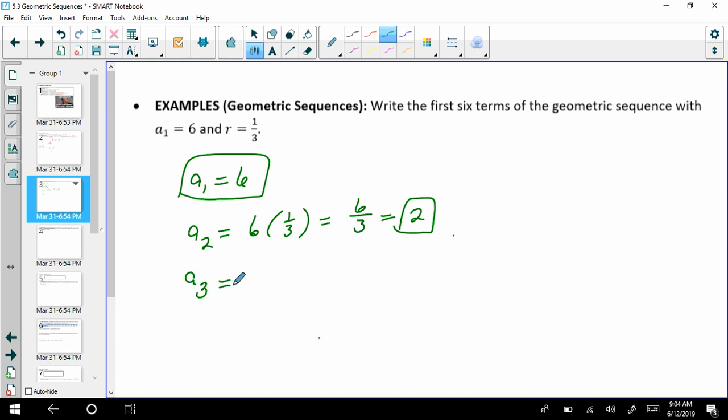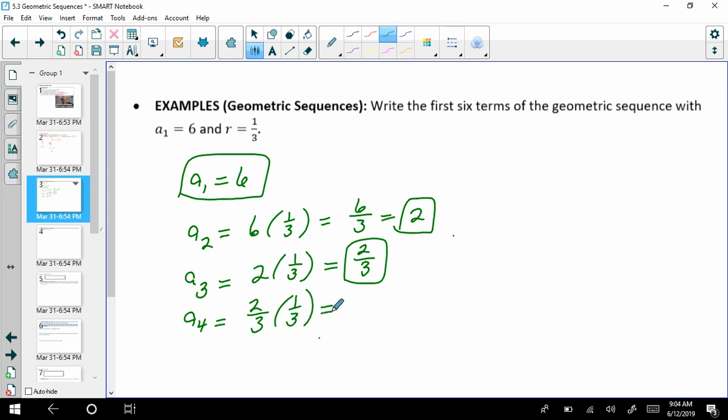Then a sub 3, I would take 2 times 1/3, which would be 2/3. A sub 4, I would take 2/3 times 1/3.